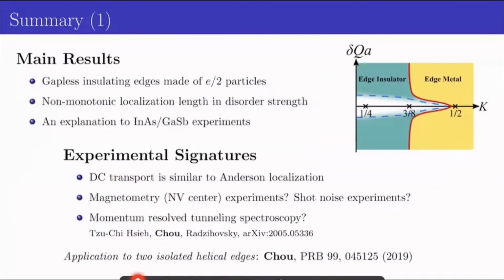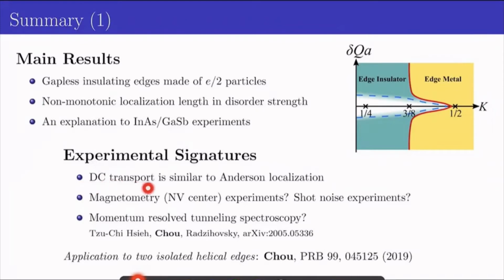Let me summarize the first part of my talk. Here is the phase diagram of the TI edge state in the presence of both disorder and interaction. I want to emphasize a few of the experimental signatures.